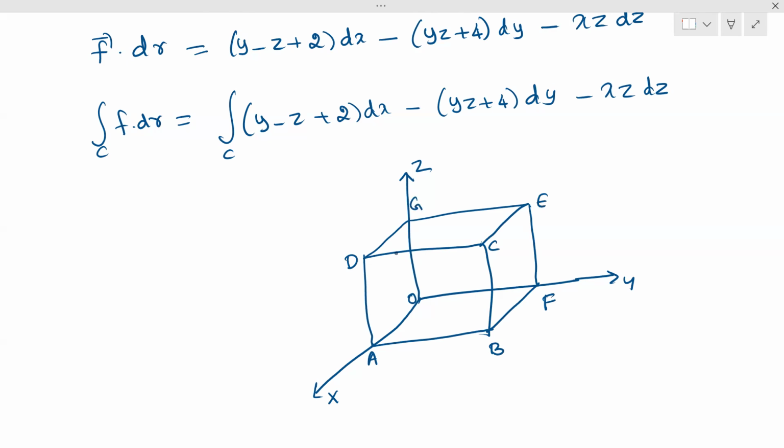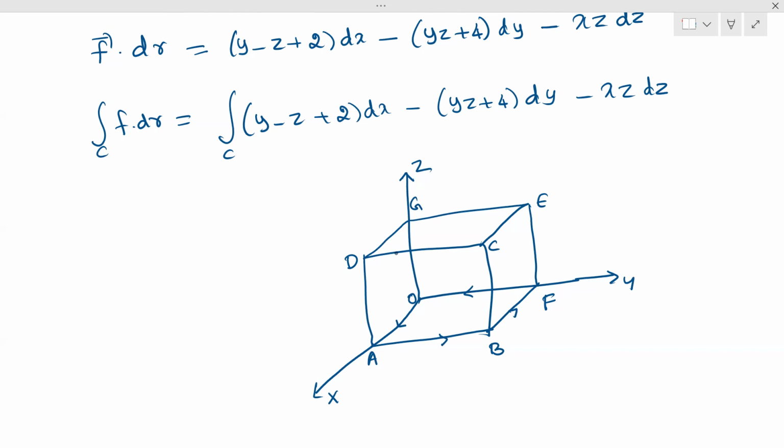Above the xy plane means the base is lying on the xy plane. So the base is OABF, in this direction O, A, B, F. This is the base of our cube, which lies in the xy plane.